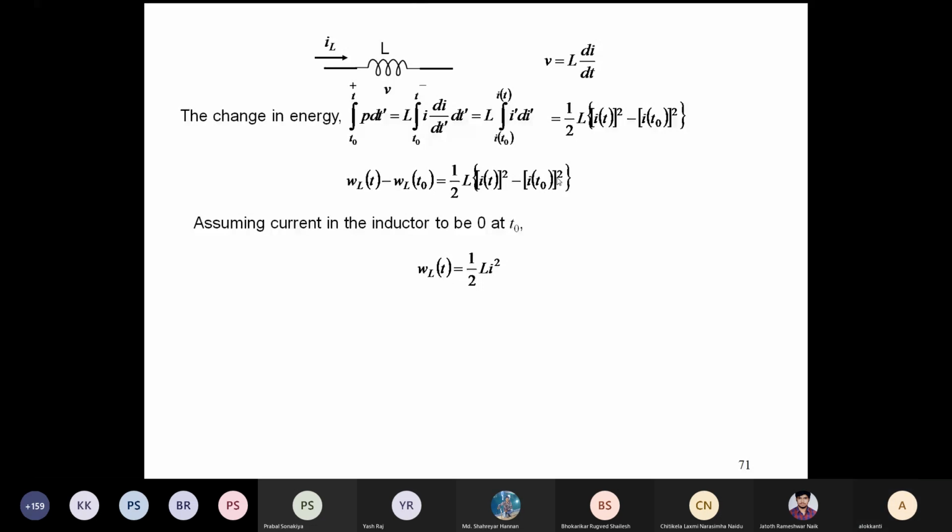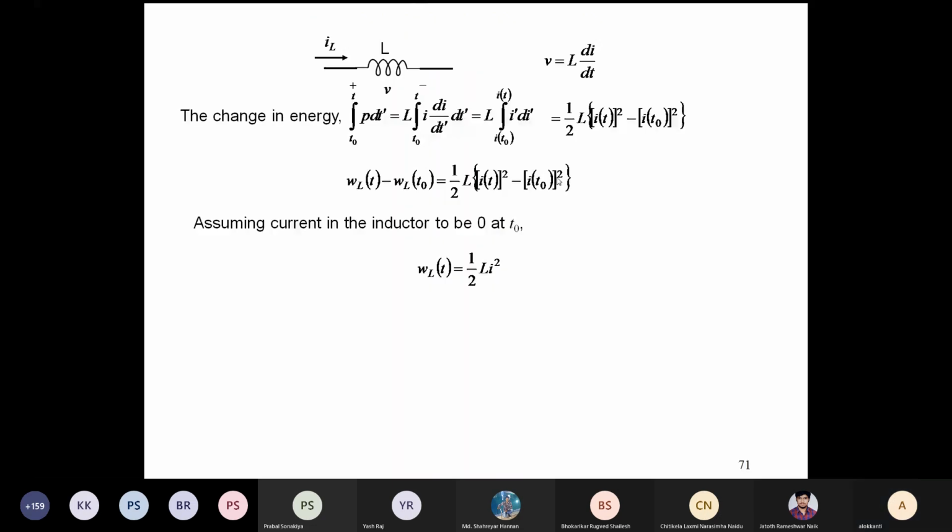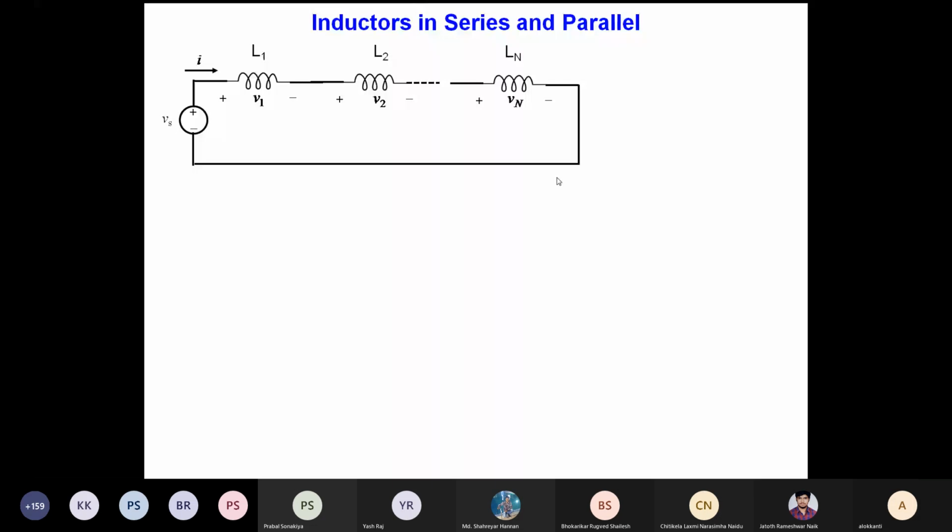So these are the formulas for the inductor energy, and we have done it earlier for the capacitor. Now gradually going to the circuits, if you have inductors in series and parallel. If you have N inductors connected in series to a voltage source Vs, the current is going to be the same throughout the inductors.